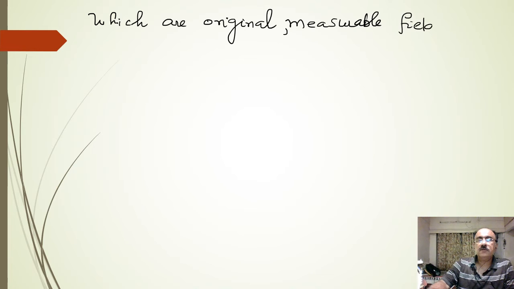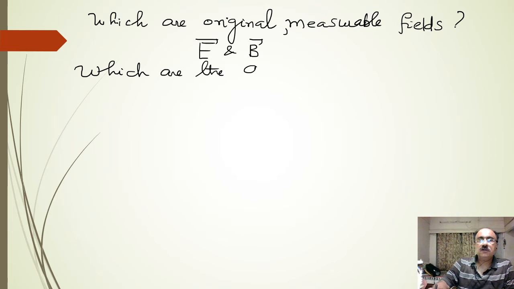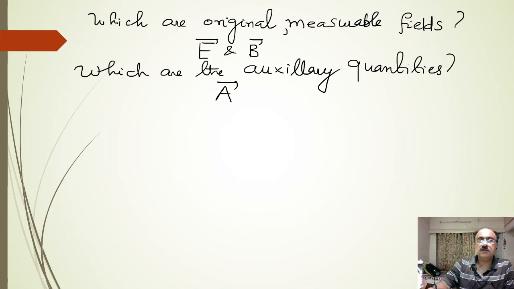We all might know that the observable quantities are the electric field and magnetic field. And which are the auxiliary quantities? The auxiliary quantities are the vector potential and the scalar potential, again a vector field and a scalar field.